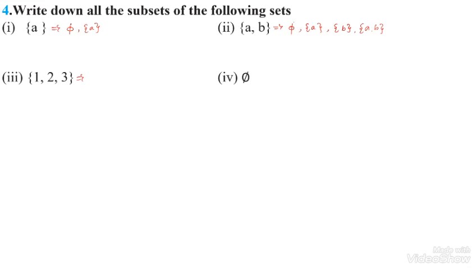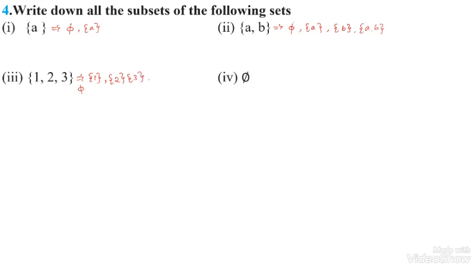Here there are three elements, so I can take the subsets here. First one, always consider the null set as one subset. Second, I can take the singleton elements one by one, that is {1}, {2}, {3}.